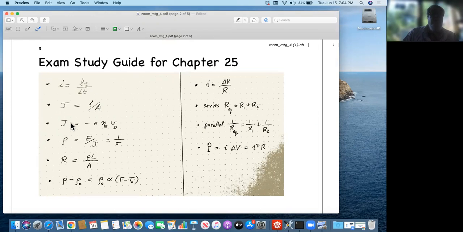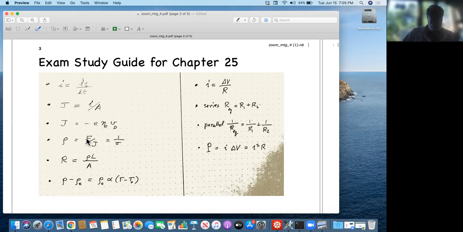There's an interesting formula from that chapter that relates macroscopic current to microscopic parameters of the material. If this is a current in a metal, then the current density is negative e times the density of electrons times the mean velocity of the electrons, or sometimes called the drift velocity, V sub D. We're also considering resistance.